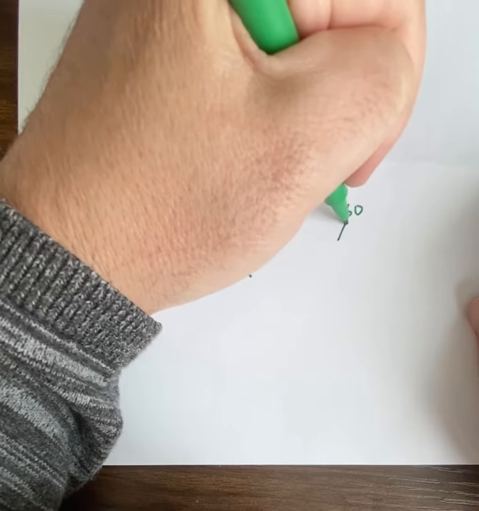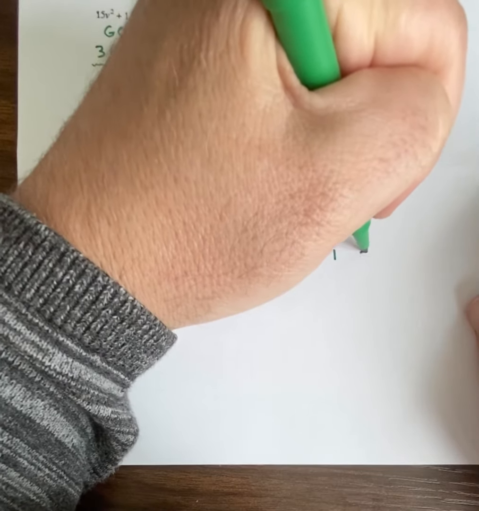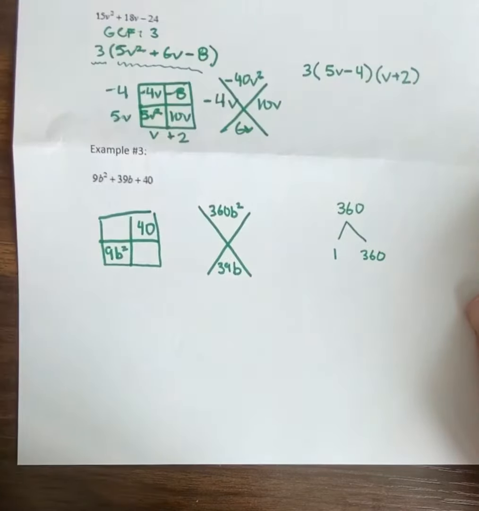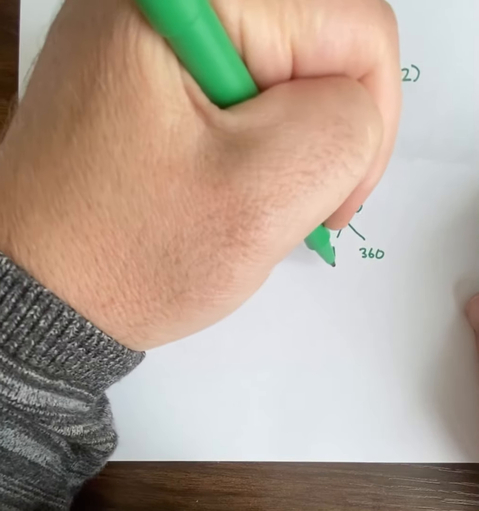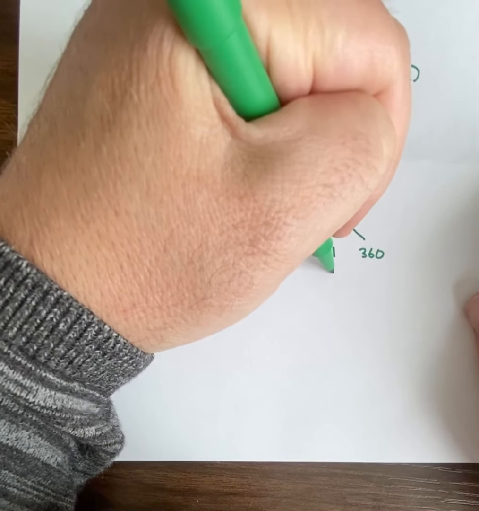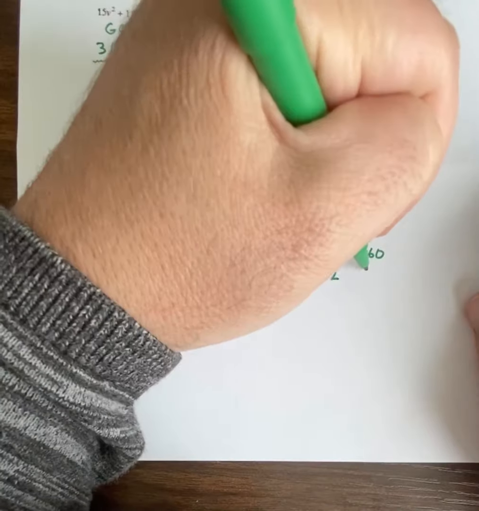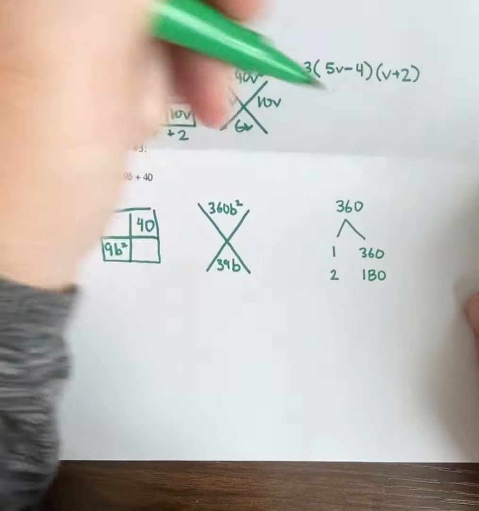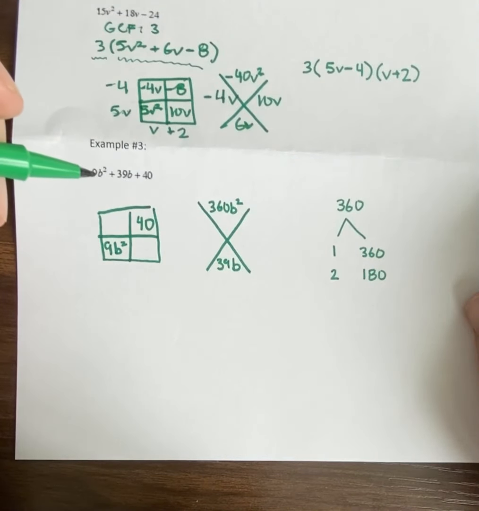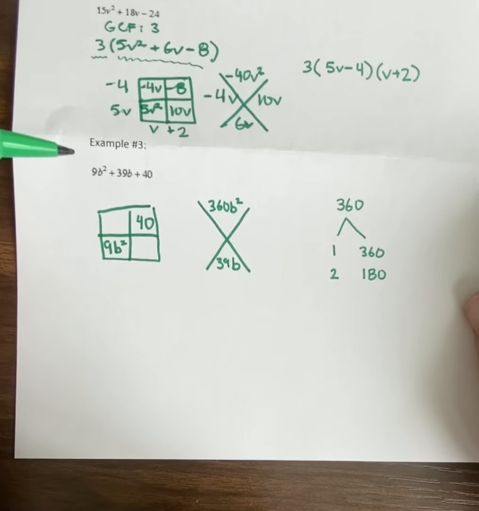So of course we're going to have 1 times 360. 1 plus 360 is 361. That's way too big. 2 and 180. 2 plus 180 is 182.